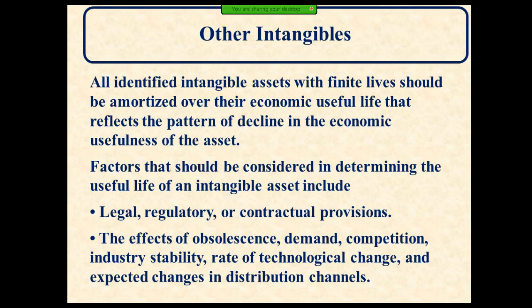Now, even though we start the acquisition anticipating a useful life, that useful life could change. And we need to look at what's happening in the economy, what's happening with the competition, that specific sector, to decide if we need to adjust that economic useful life.